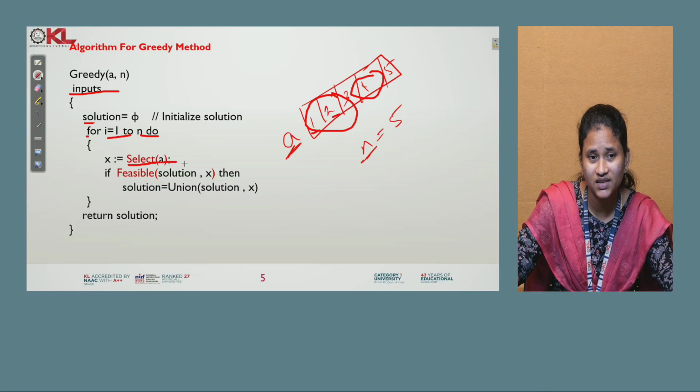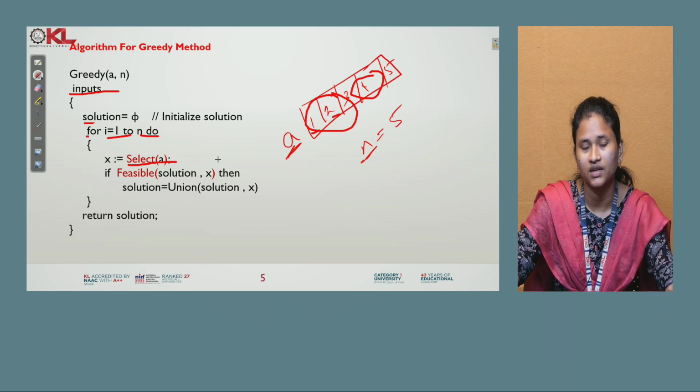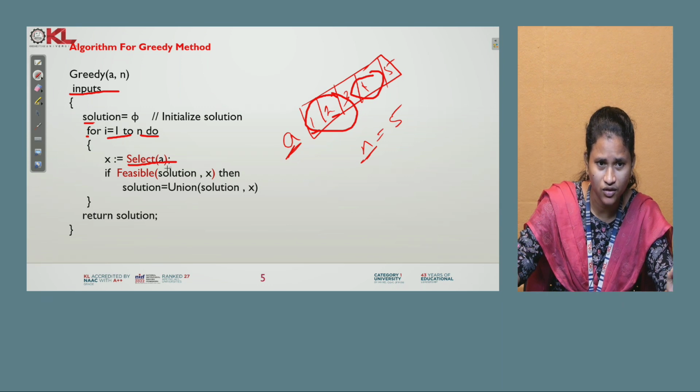When you are taking the input data, based upon that input data, if the output is a feasible solution, okay, the solution is feasible. What is feasible? The solution which satisfies the given constraint is feasible. So here select of a means we choose randomly the input data from the given array.